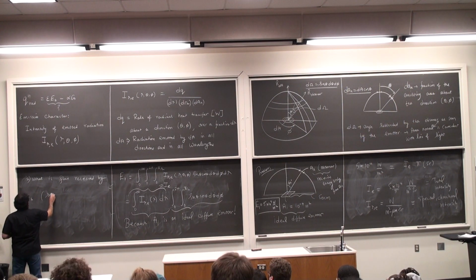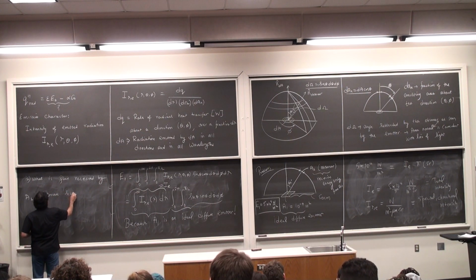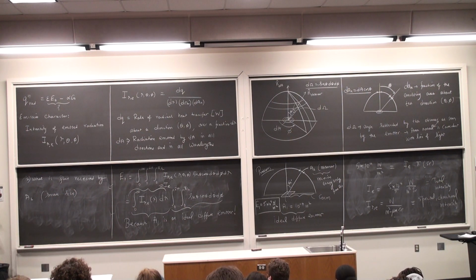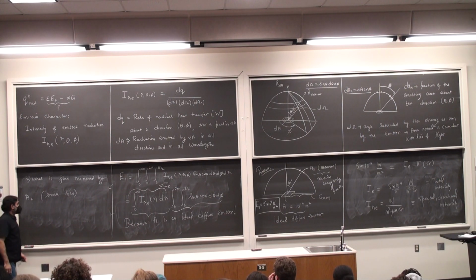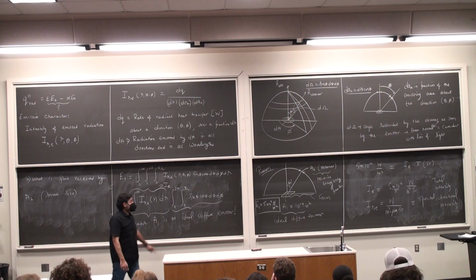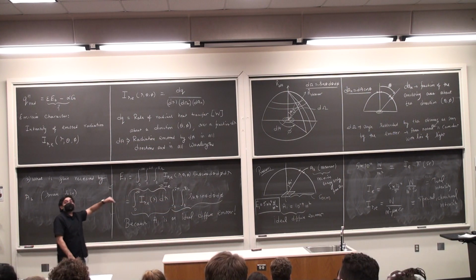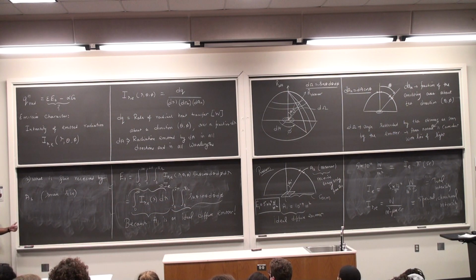So small size. And this is also under the further additional caveat that A2 receives energy only from A1. Okay, so whatever is sent by A1 in the direction of A2 is all that A2 receives.